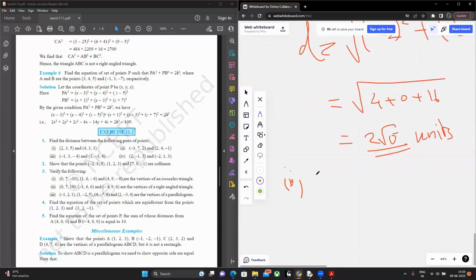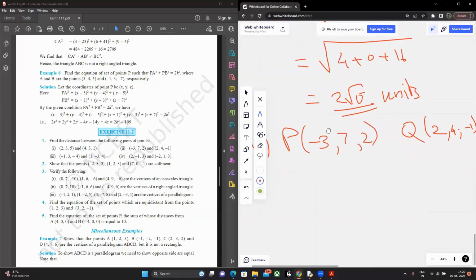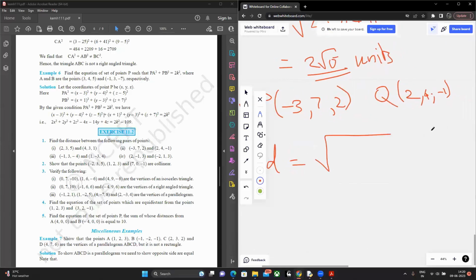Question number 2. You have point P, that is (-3, 7, 2), and point Q, which is (2, 4, -1). Now your distance D, which is PQ, is going to be square root of x1 minus x2 the whole square.